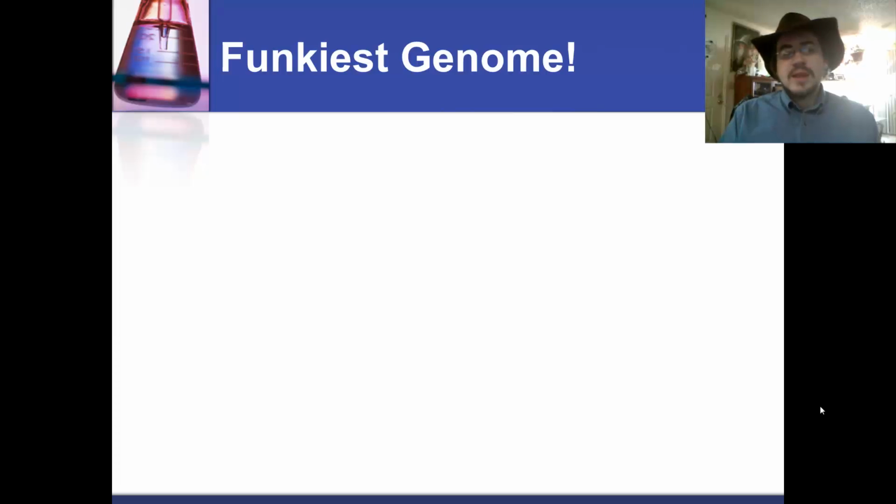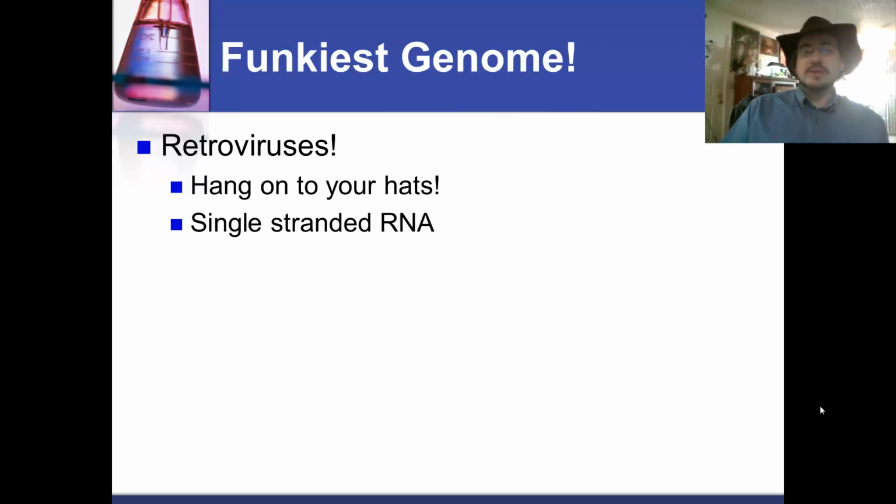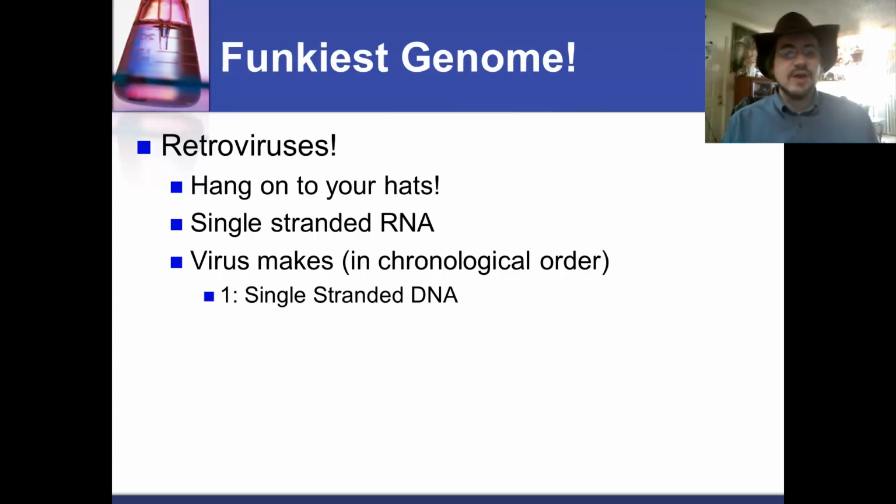So next is the funkiest genome of all, and that's the retroviruses. Retroviruses get pretty crazy, so hang on to your butts, people. We start with single-stranded RNA, and then we have a special enzyme that, in chronological order, takes the single-stranded RNA and makes single-stranded DNA.